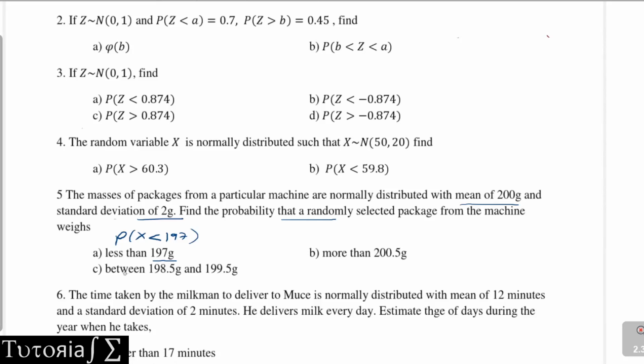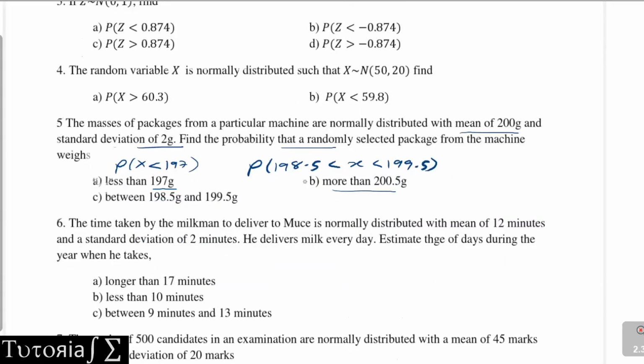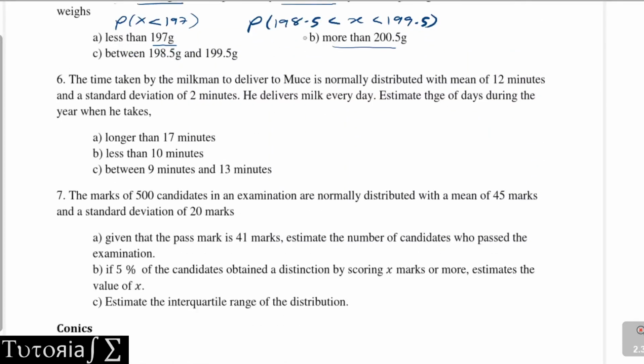For this one, between, meaning that x is between these values, you start with the small one, so that is 198.5 less than x less than 199.5. That is between. The same applies here. You just convert, you do the same here, and you do the same here. Then we'll come and look at maybe question number 7.